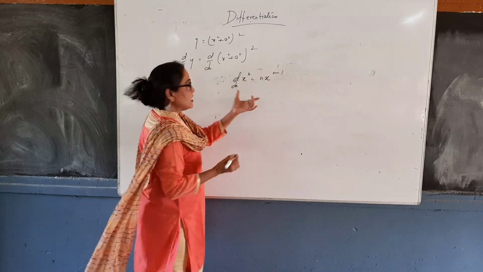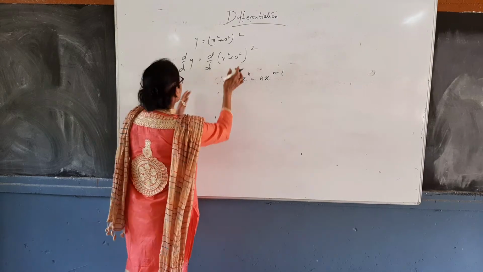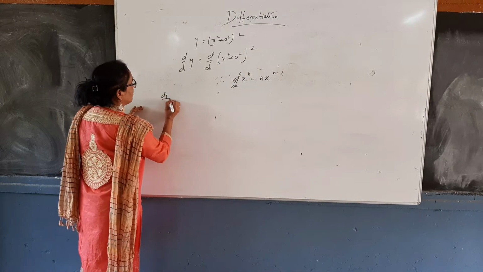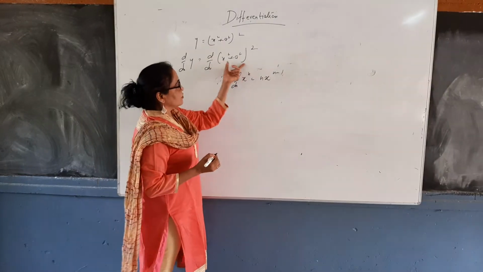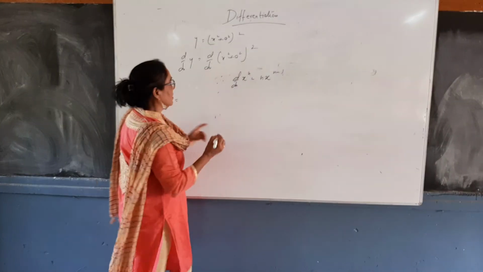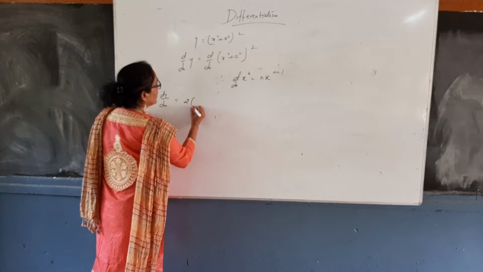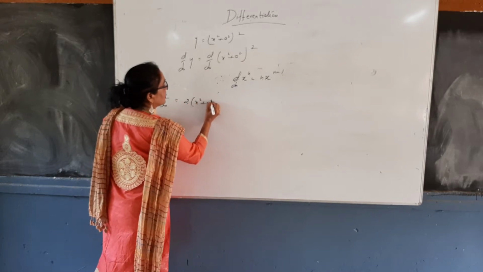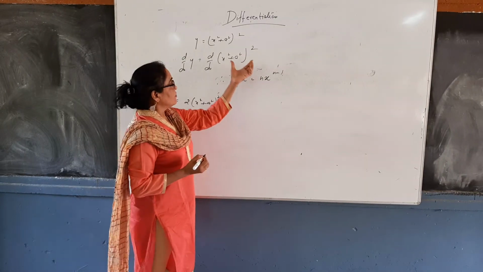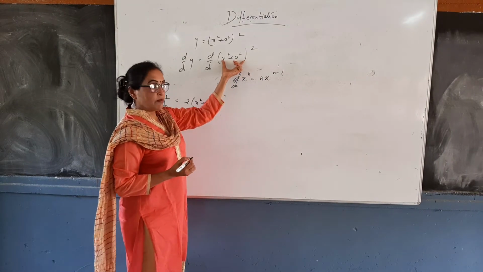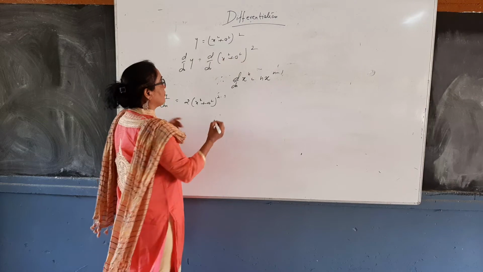We will use this. So here we get dy by dx equal to 2 into x square plus a square raised to 2 minus 1. Now we have supposed this is x, but we have not differentiated it yet. So we will differentiate this also.